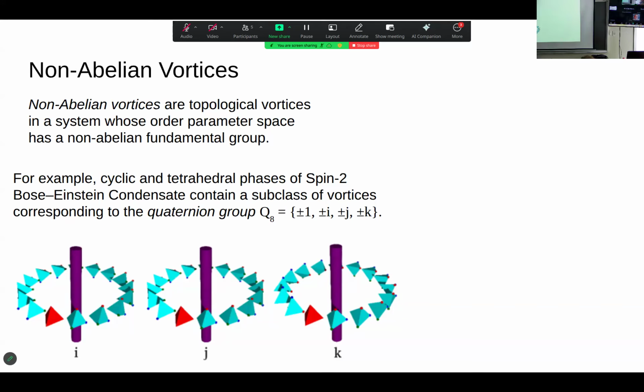Well, are you familiar with the order parameter space of spin 2 BEC? Okay, at least in some phases. So at every point in space, I have some 5-dimensional vector. Exactly. Now in these different phases, you don't take the whole 5-dimensional system, but you're restricted to a sub-manifold inside there.